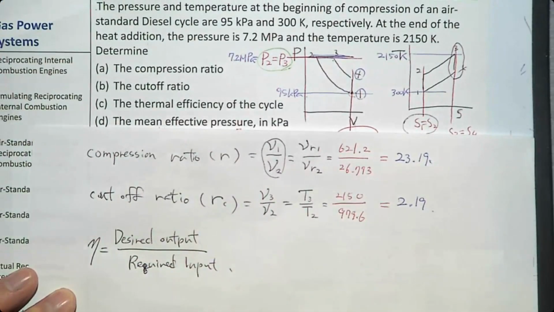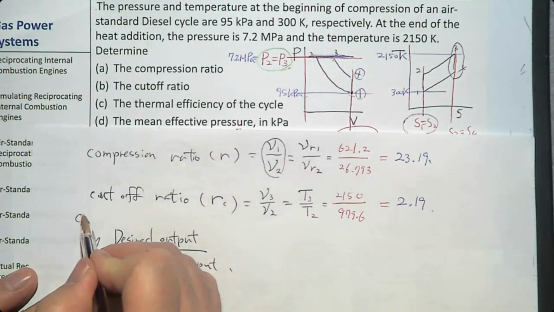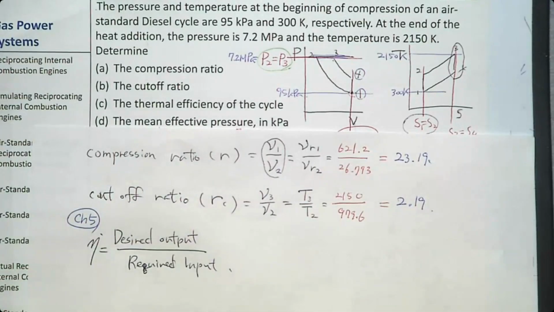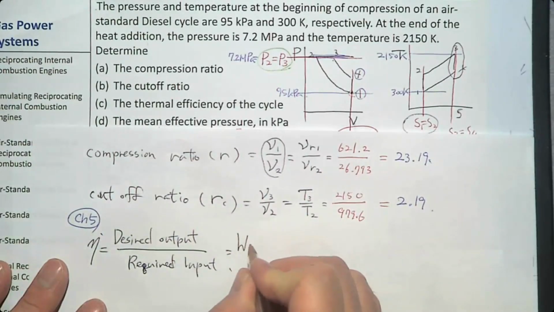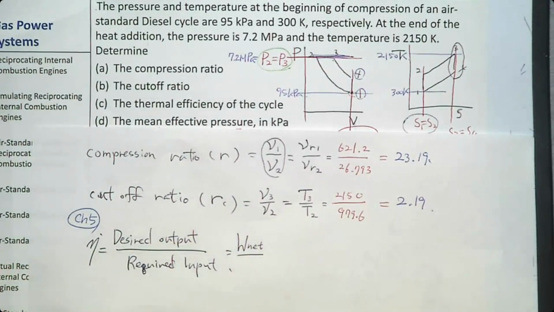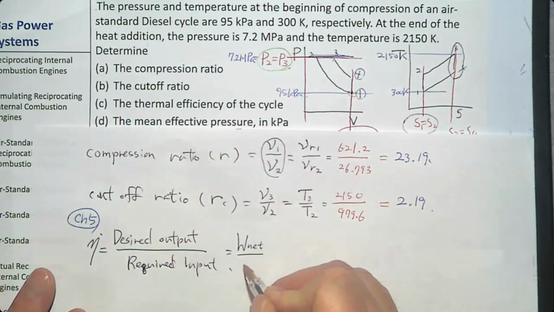This is exactly what we studied in chapter 5 when we studied heat engine, right? So what is the desired output? The net work, W net, and what is the required input? Heat transfer in, Q in.